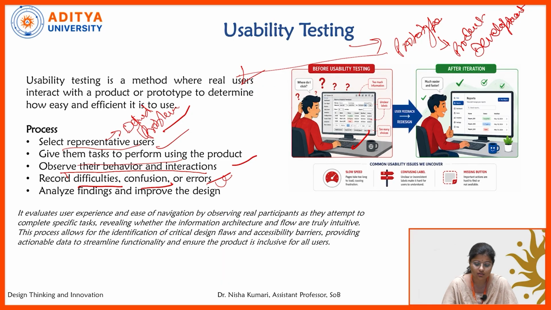Based on that feedback, we improve our design by analyzing the findings from the testing. So in usability testing, at the stage of prototype or product development, we give our product or service to the users, collect their feedback, and based on that feedback improve our design before the full implementation.